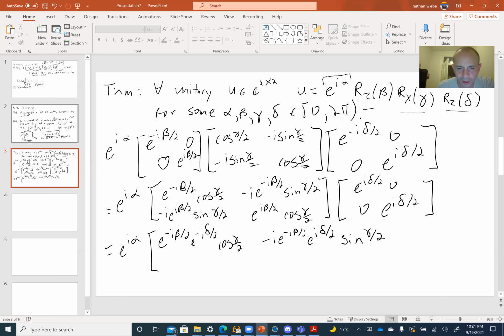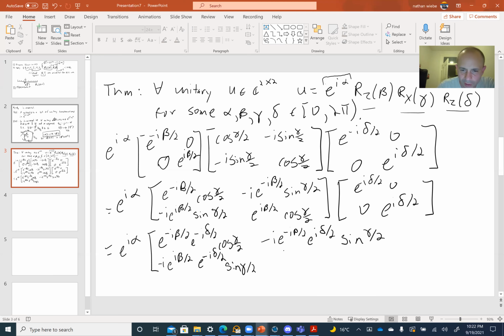From first row times second column, now we have minus I e to the I beta by 2, sine gamma by 2, sorry, this is e to the negative I delta by 2, sine gamma by 2.